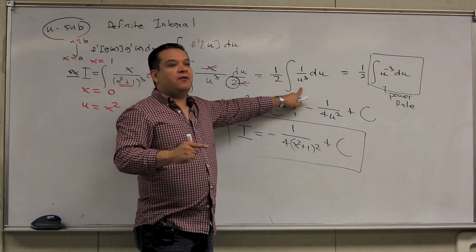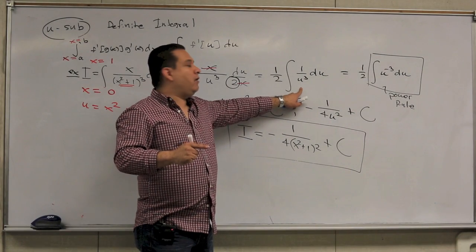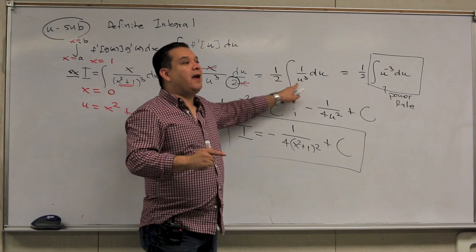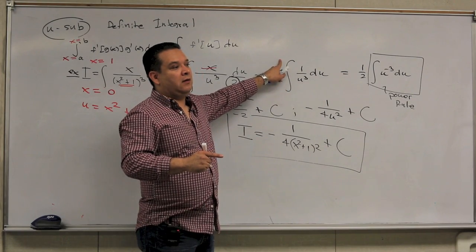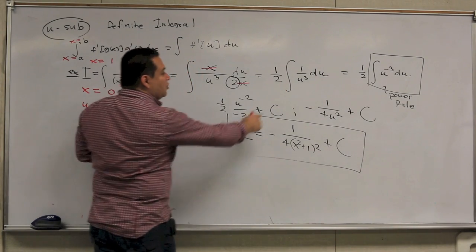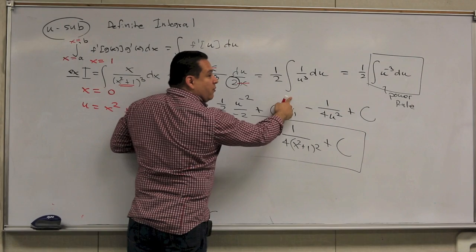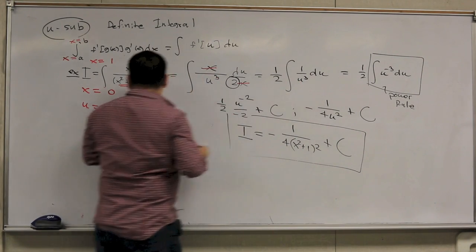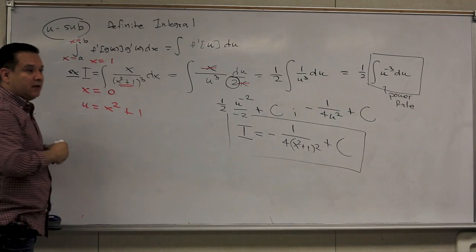U. This is a function of u now. Okay, you guys see your variable u? I can't apply my limits of x is 0 and x is 1. In other words, my limits change not in terms of the variable x, but in terms of the variable what? U. And the question becomes, well, how do I find those new limits?